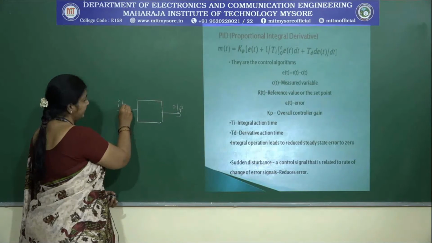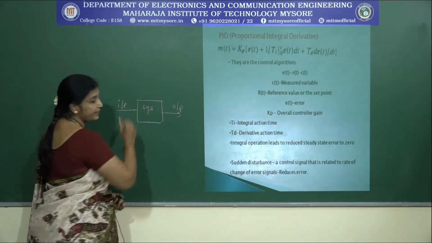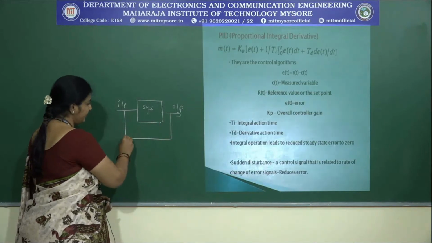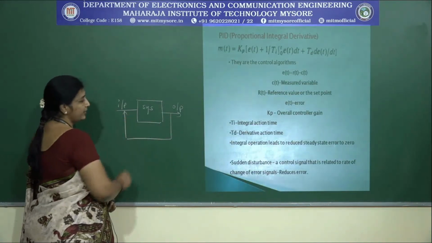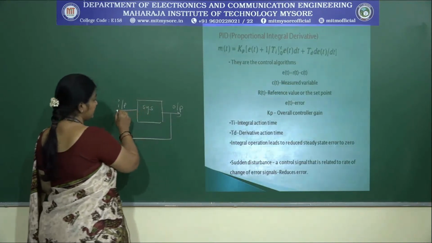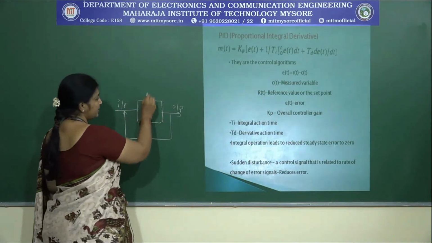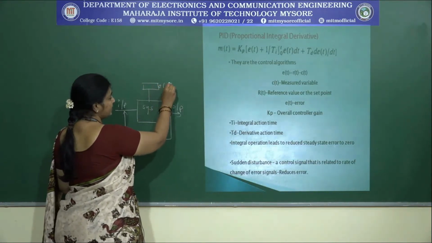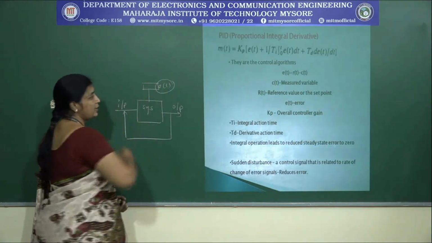If this is a system, fine, what happens if there is a feedback? There could be a small amount of error. This system again can have a small error E of t.